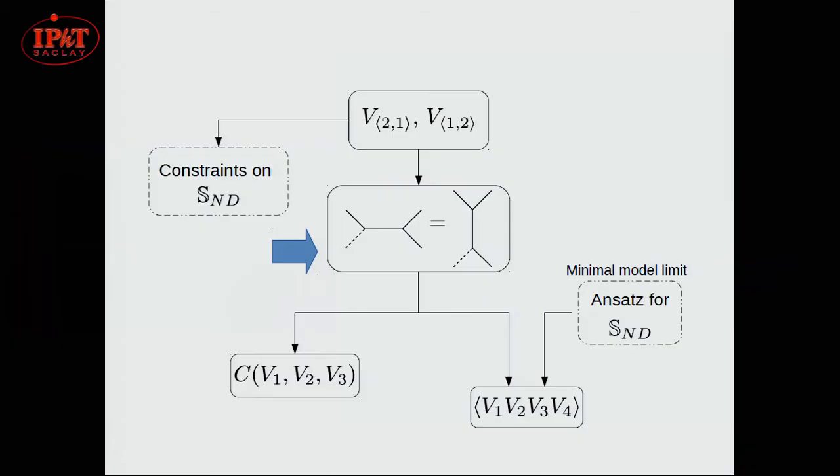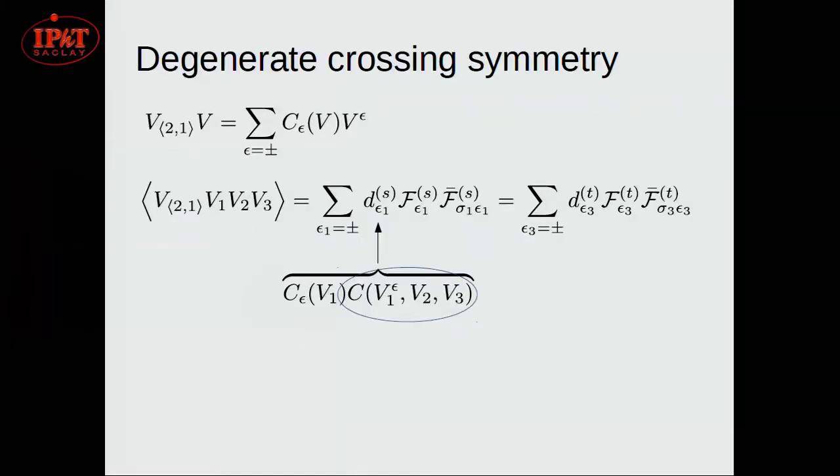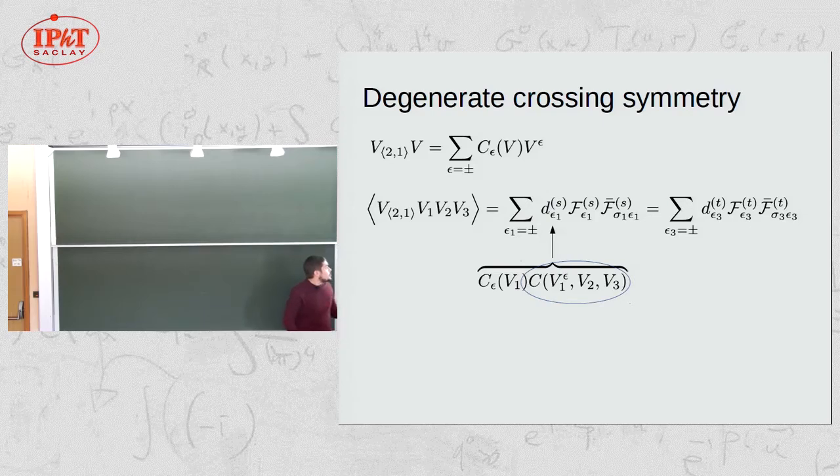Okay, so we have found that asking to have consistent OPEs with the degenerate fields imposes constraints on the spectrum. Now let me use these degenerate OPEs to write the crossing symmetry constraints. If we write the OPE with the degenerate field in this abbreviated way, we find the S and the T channel decompositions, where now F and F bar represent each of the conformal blocks.